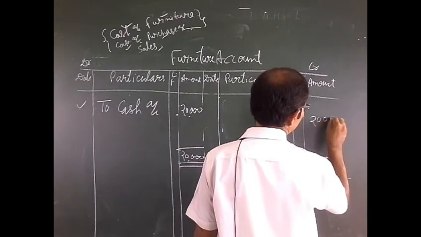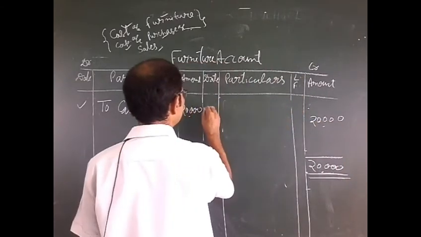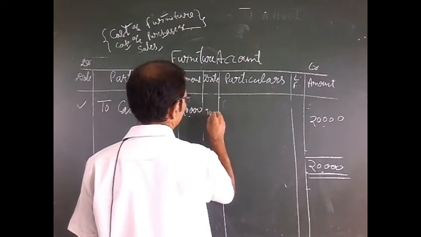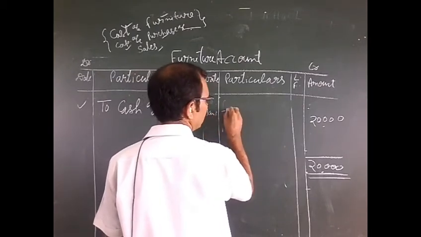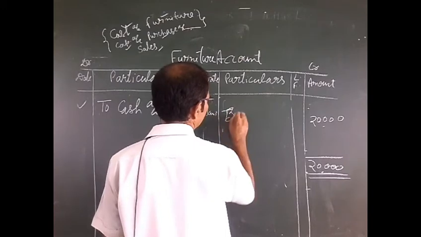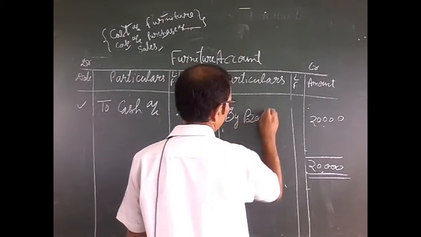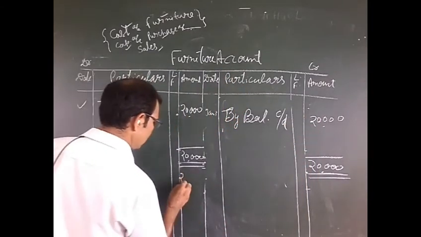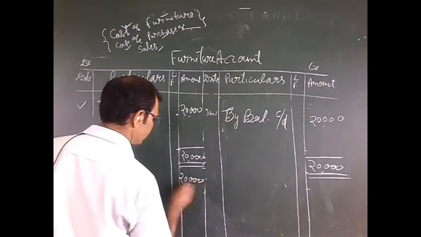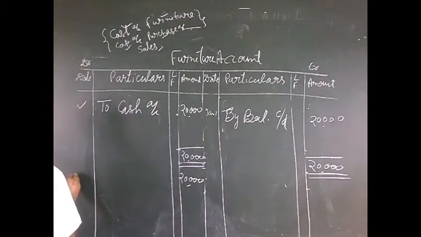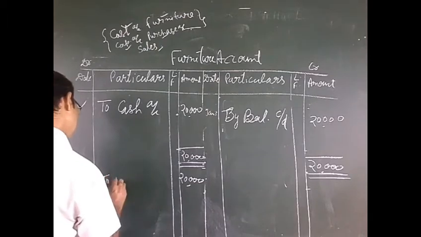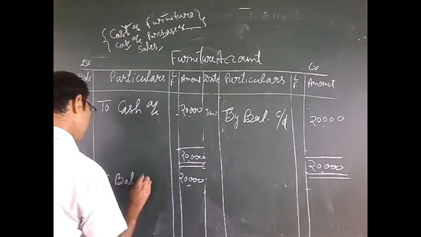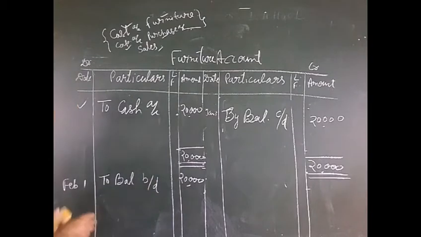After deducting 0 you will again find 20,000, and the last date you will write here by balance carried down, and other side you will write 20,000. The first date of the next month February 1, here we will write to balance brought down. In this way furniture account is prepared.